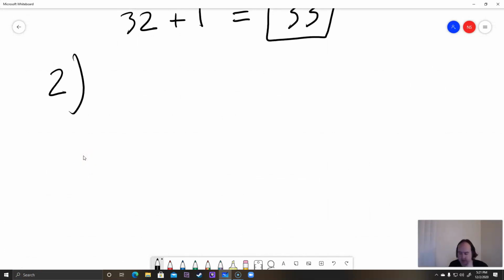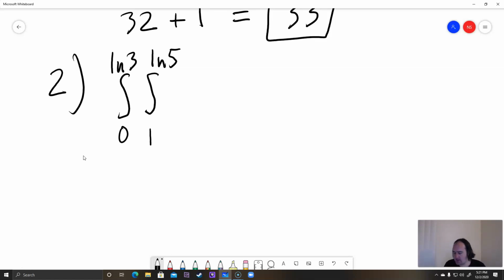And for number 2, we're going to integrate the double integral from 0 to ln of 3 and from 1 to ln of 5. Okay, so from 0 to natural log of 3 and from 1 to natural log of 5.